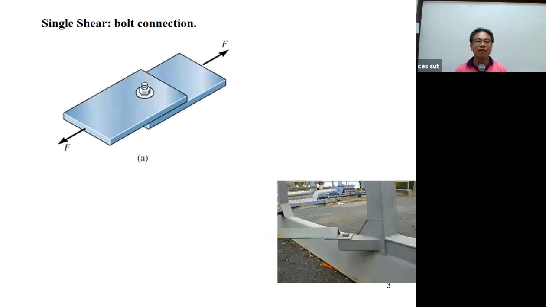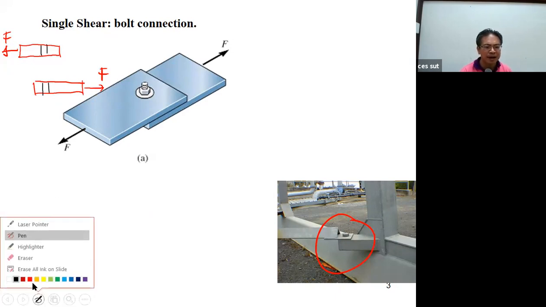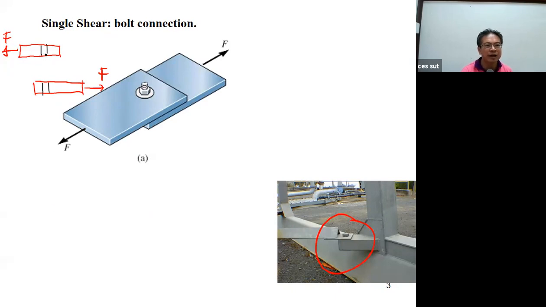And for the single shear, you may see we can connect the structure like this one by using the bolt. And by using this bolt, you can see if you separate this piece of steel by the force of F, you may see we have the hole that our bolt is going to be put into.